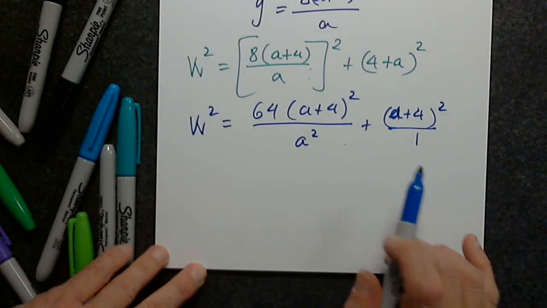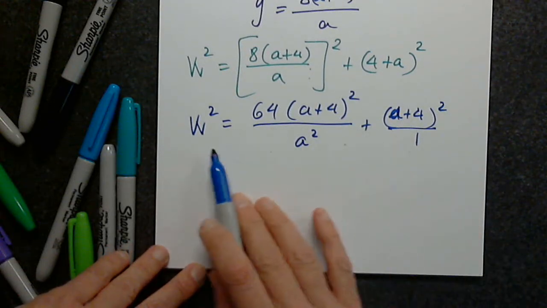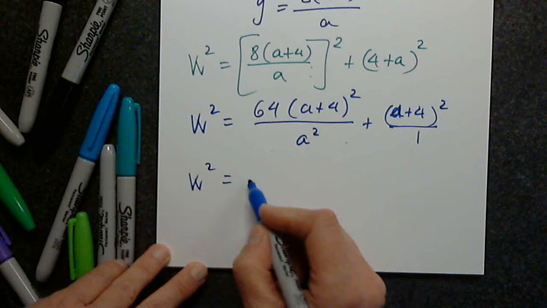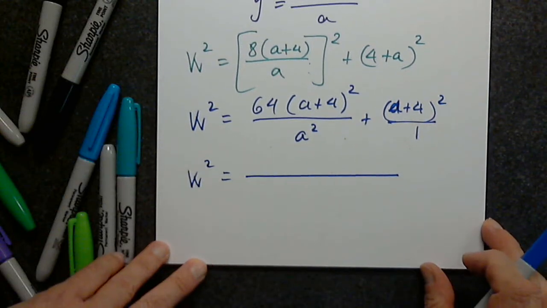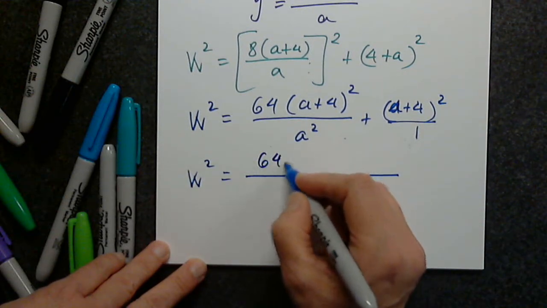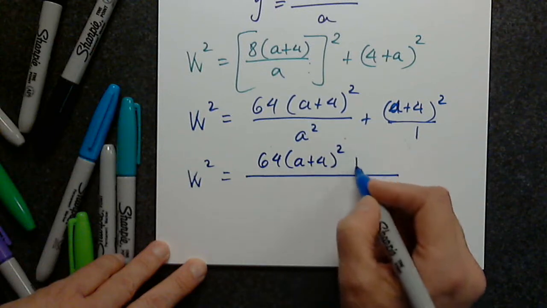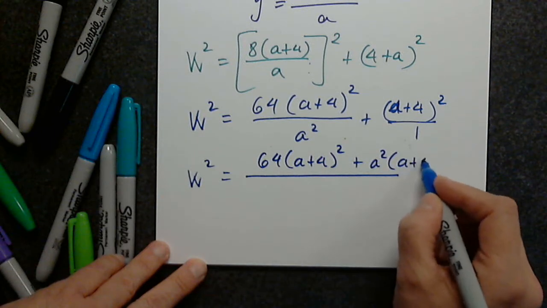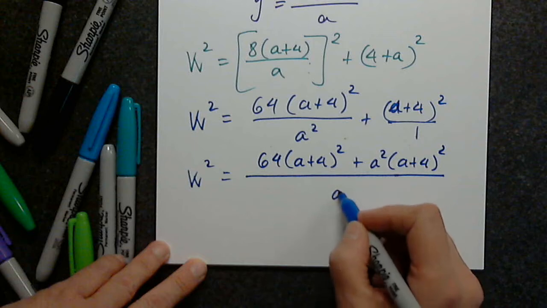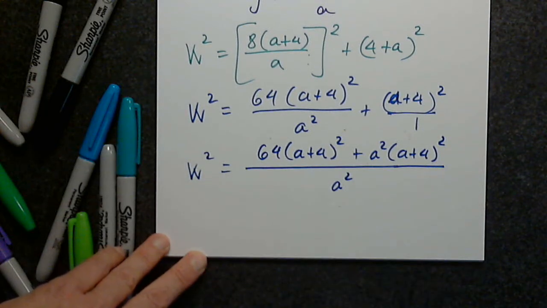I will factor out or find the least common denominator. I don't know which would be best. So I'm going to say 64(A plus 4) squared plus A squared (A plus 4) squared over A squared.